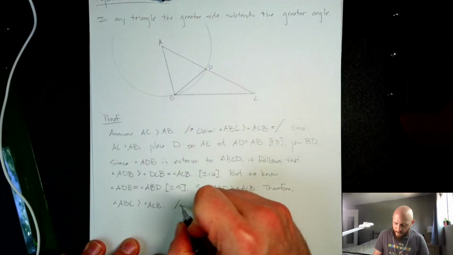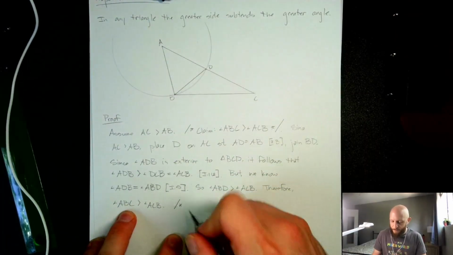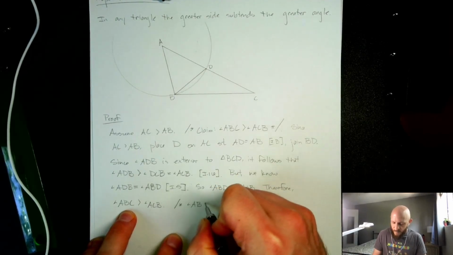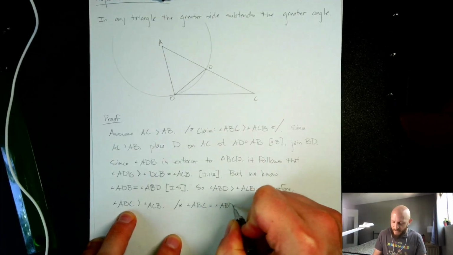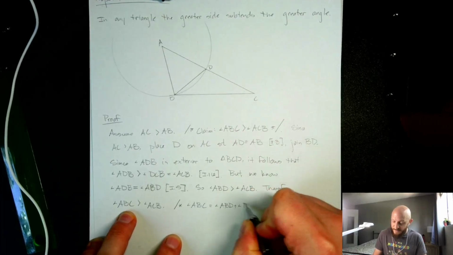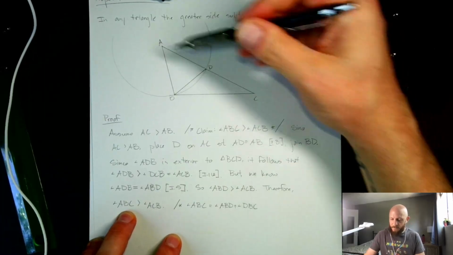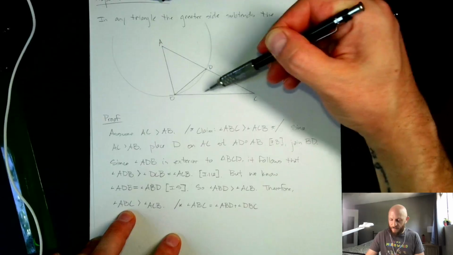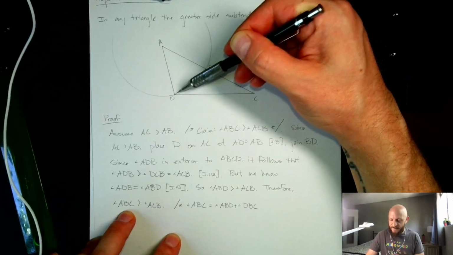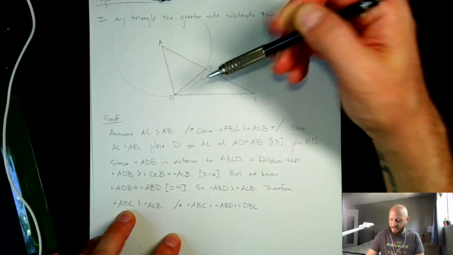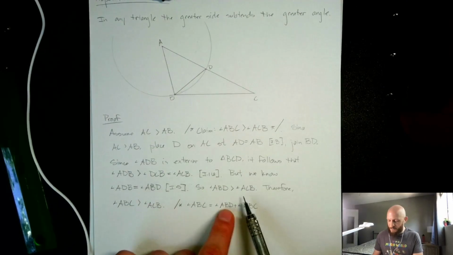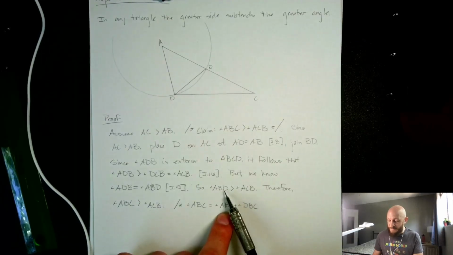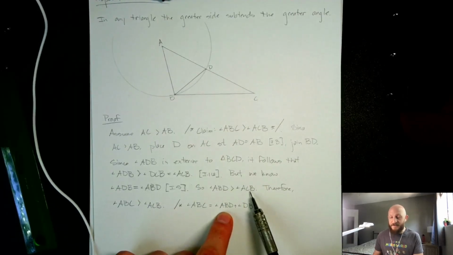Why? Well, I might just note that angle ABC is equal to angle ABD plus angle DBC, right? So angle ABC is this full angle, so it's really angle ABD plus angle DBC. And we stated, before this, that angle ABD is greater than ACB.